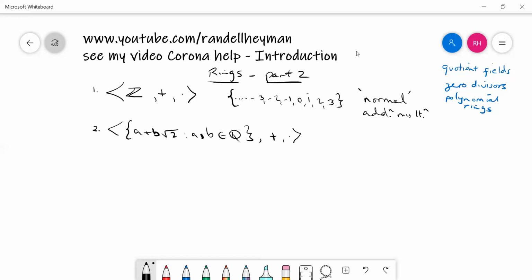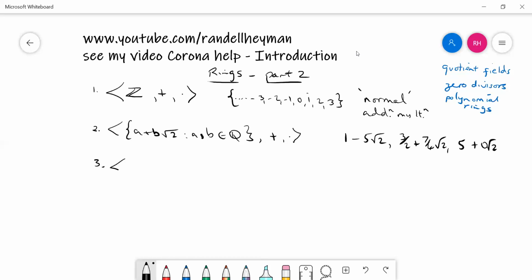So for example, some examples of things that are in the set are 1 minus 5 root 2, 3 on 2 plus 7 on 4 root 2. And of course, we can just get the normal integers, 5, say, because 5 is 5 plus 0 root 2, so you can get all the integers. Normal multiplication and addition. So that's good.